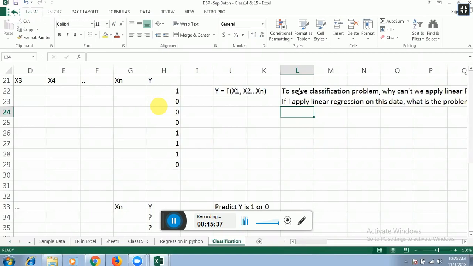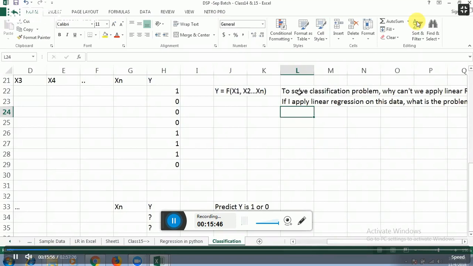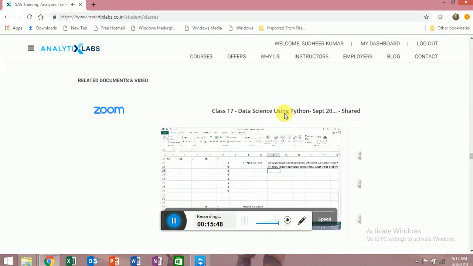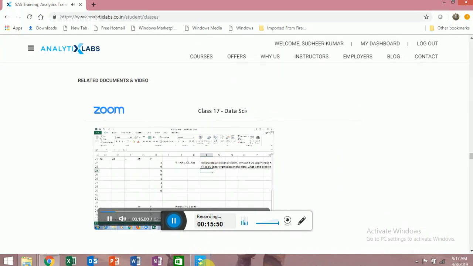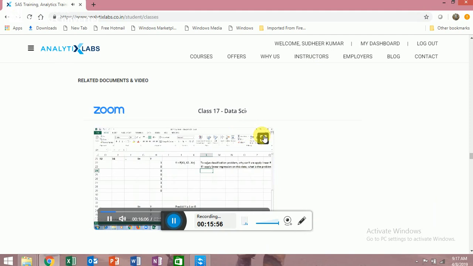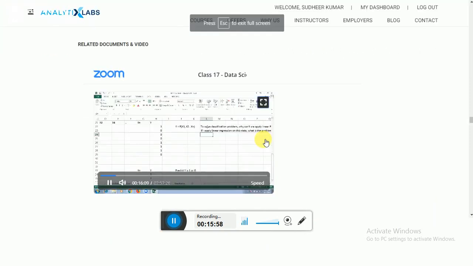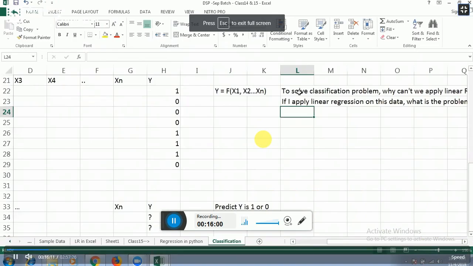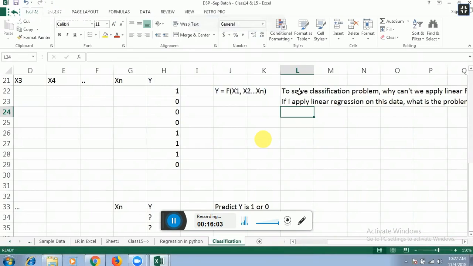That is our intuition. What I'm asking is, if I apply it, what is the problem? So you are saying that you will get the output as a continuous result. If you are getting a continuous result, I can take some cutoff and say that, okay, greater than 0, I will call it a 1, less than 0, I will call it a 0, or something like that.